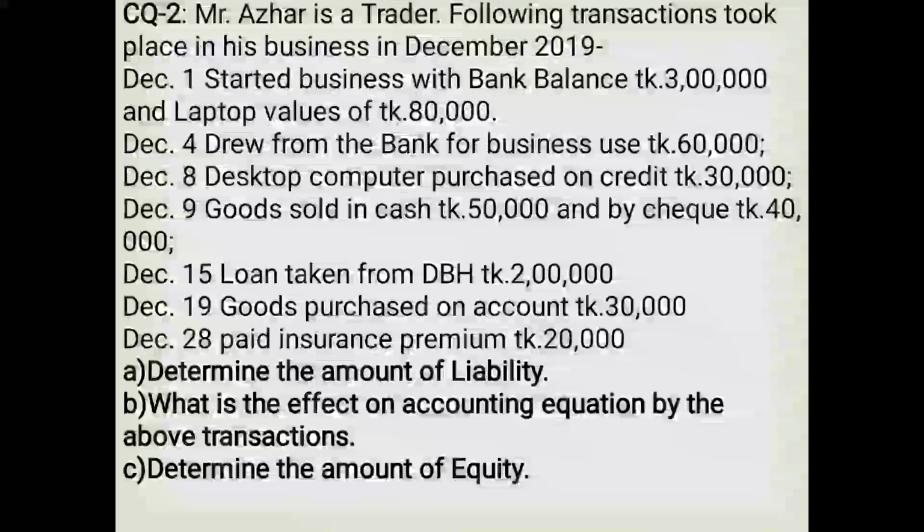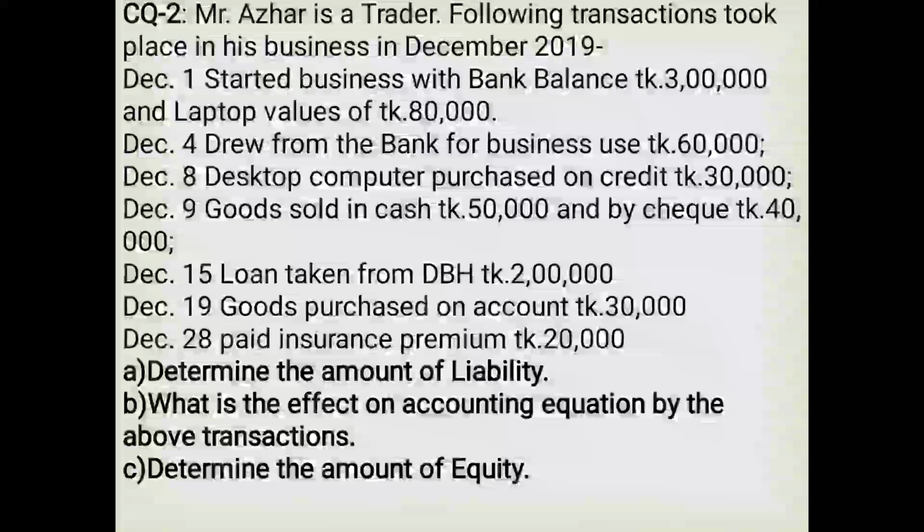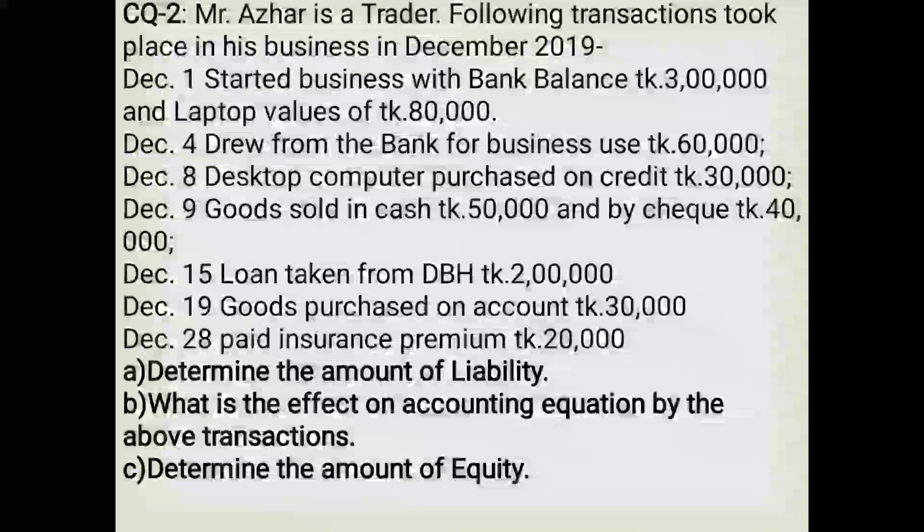December 8, desktop computer purchased on credit, taka 30,000. December 9, goods sold in cash, taka 50,000 and by check, taka 40,000. December 15, loan taken from DBH, taka 2 lakh. December 19, goods purchased on account, taka 30,000. December 28, paid insurance premium, taka 20,000.